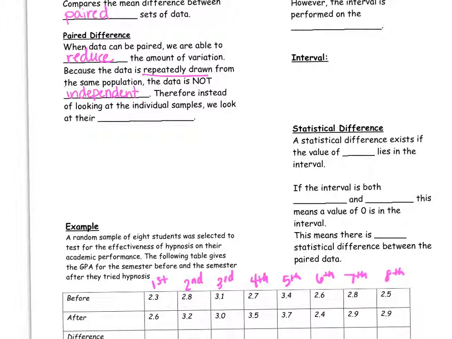And the reason that all of these intervals work is because the data is generally going to be independent. But when it's not independent, we run into a problem. So therefore, instead of looking at just the before sample or the after sample and doing an interval like that, we combine them by looking at their differences. We look at what's called the difference now. So I'm only interested in the difference between the pairs.